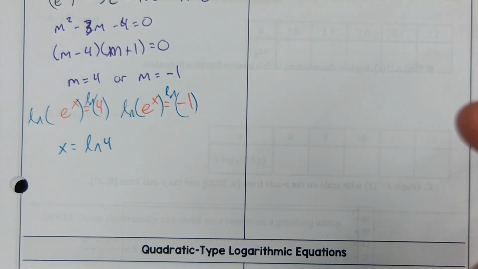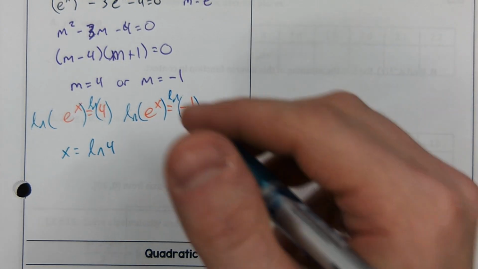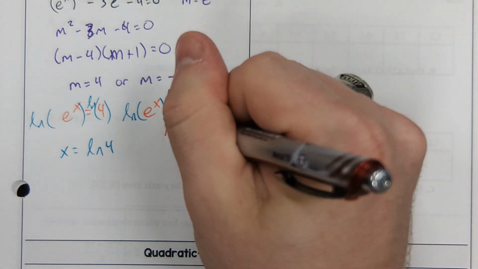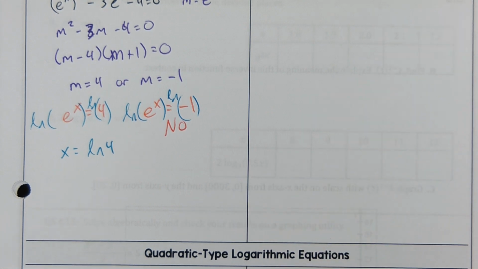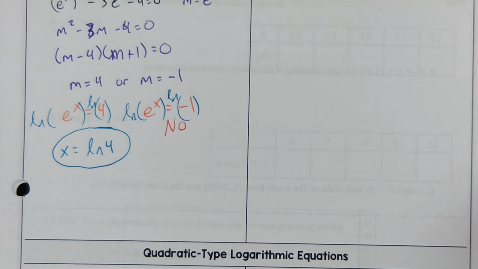And that is because the argument of a logarithm must be positive. So the answer is the natural log of 4. Ta-da! Whatever that equals. But there you go. It's natural log of 4.